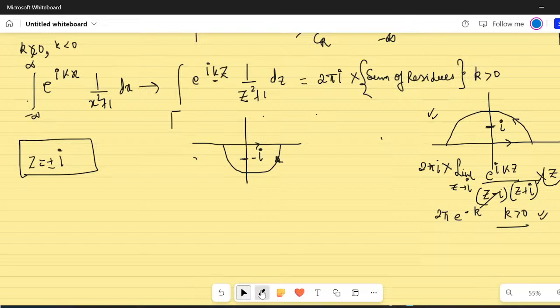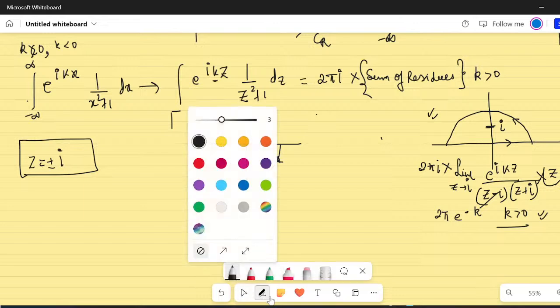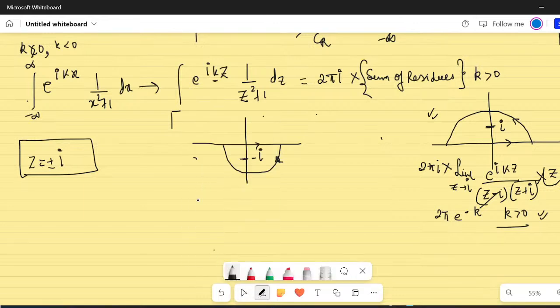Now if I'm evaluating on the lower half, this will be equal to the limit z tends to minus iota, and here I will write z plus iota into e to the power iota kz divided by z minus iota into z plus iota.